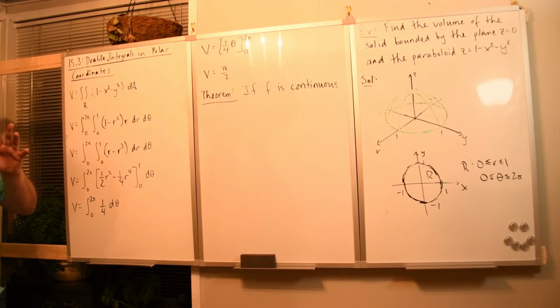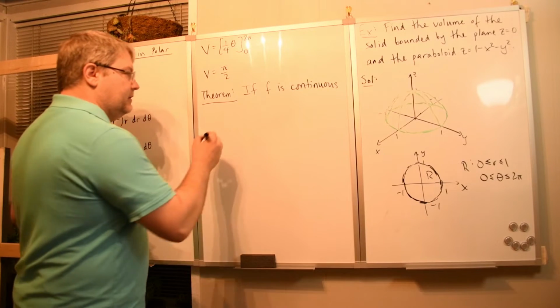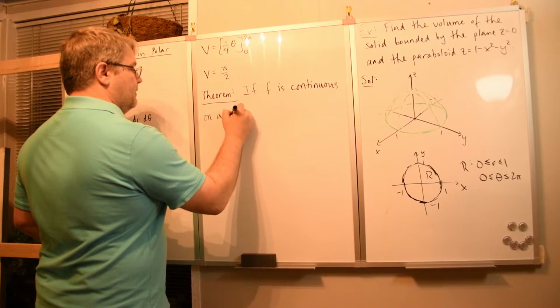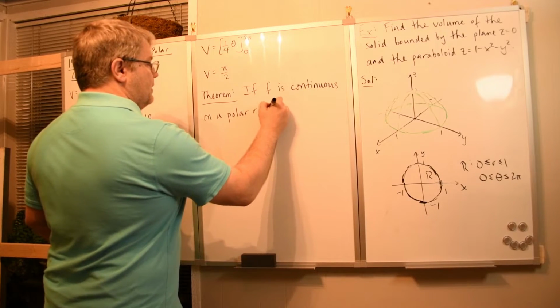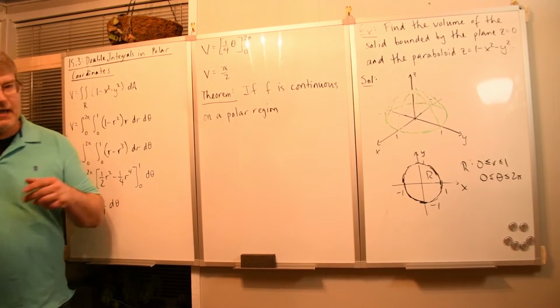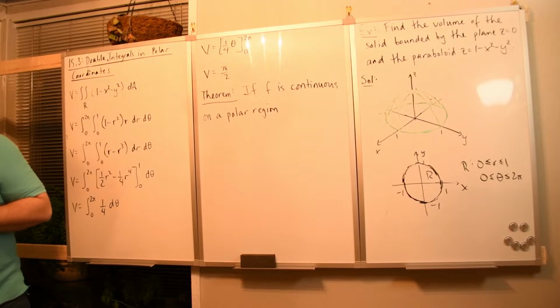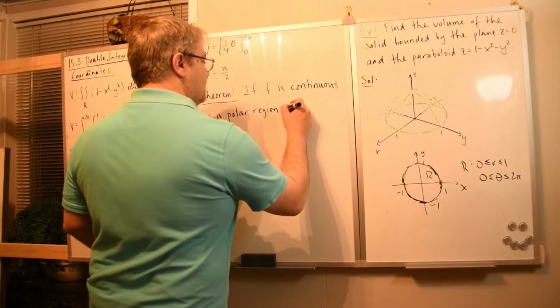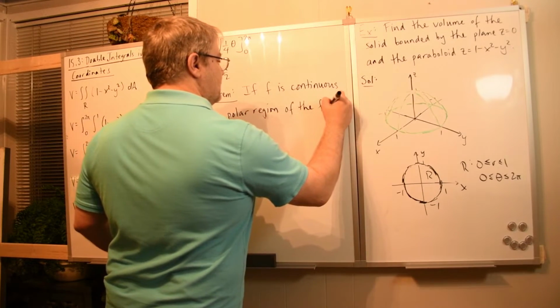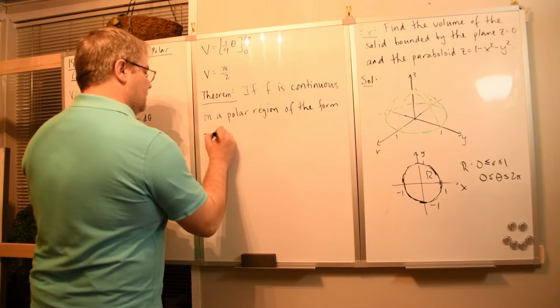Over which region is this function continuous? It's going to be some polar region, and we're going to see how the boundaries work for this. So let's call this region D.